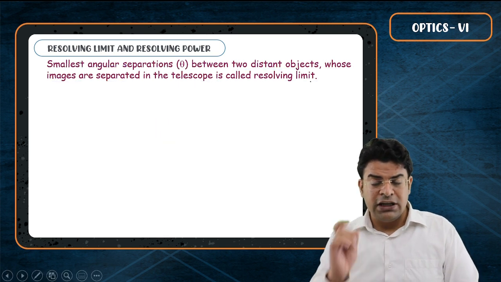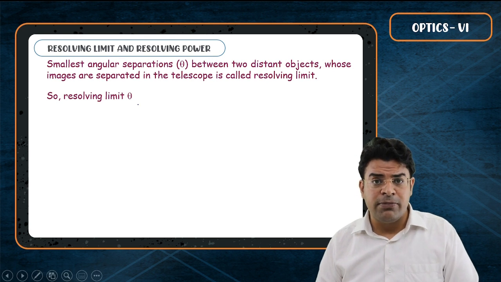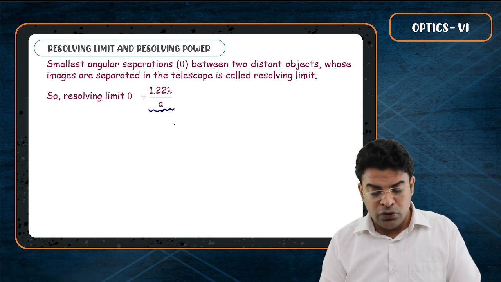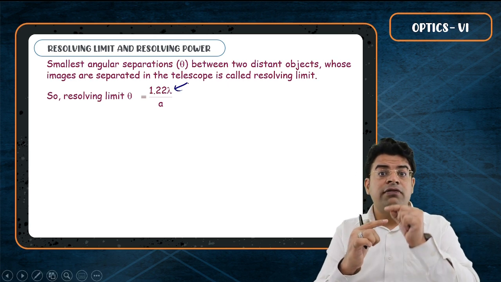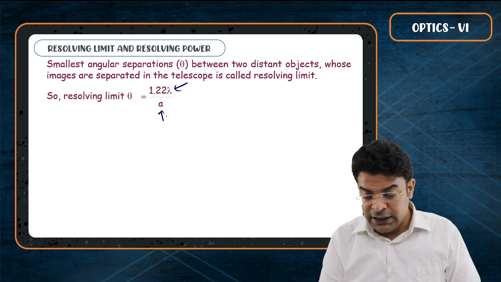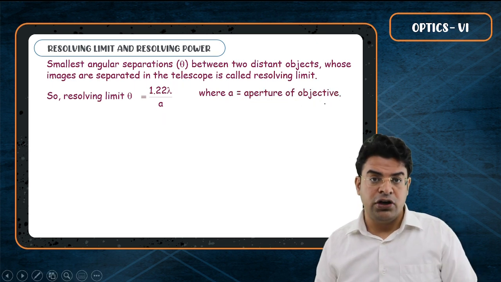Now this smallest possible angle theta, which is called the resolving limit, is given by the formula 1.22 lambda by a. What is lambda? Lambda is the wavelength of the light being used, and a is the aperture of the objective of the telescope.